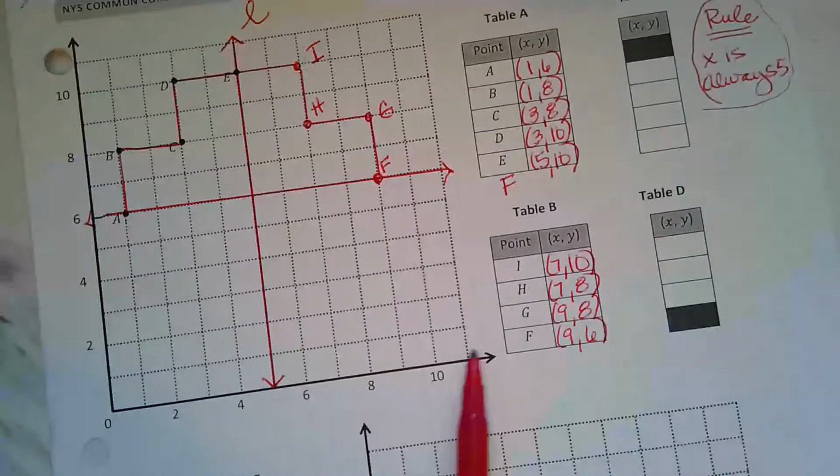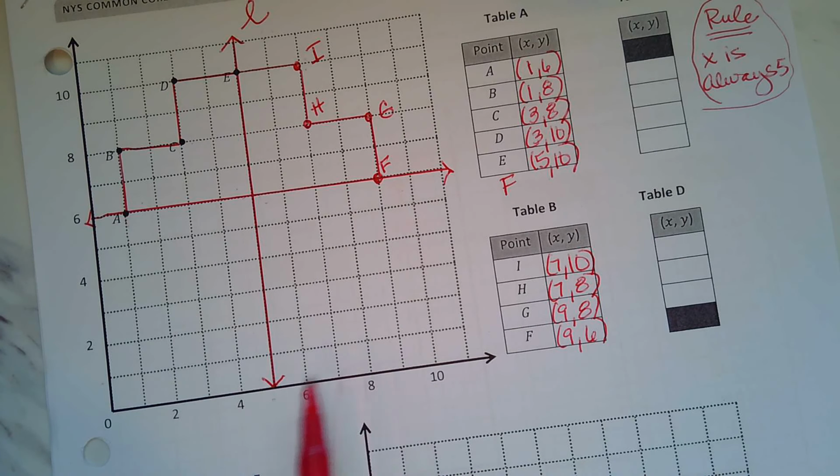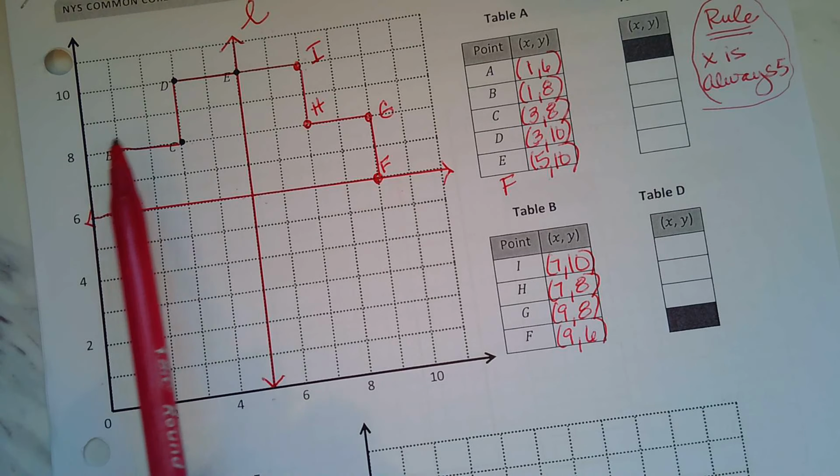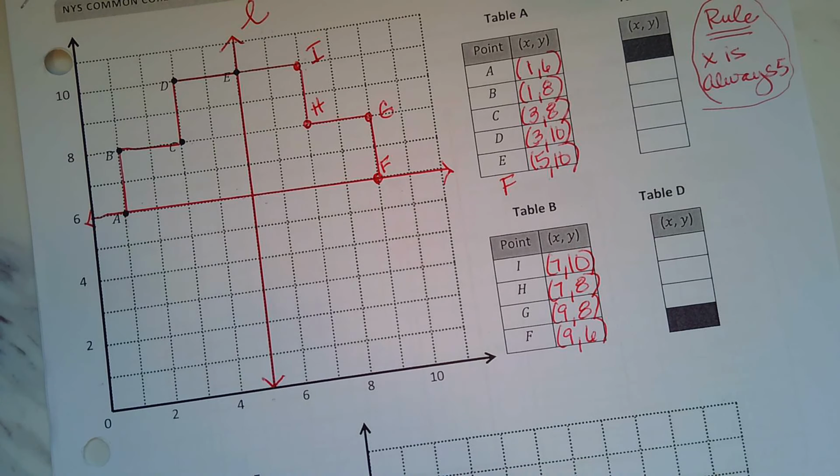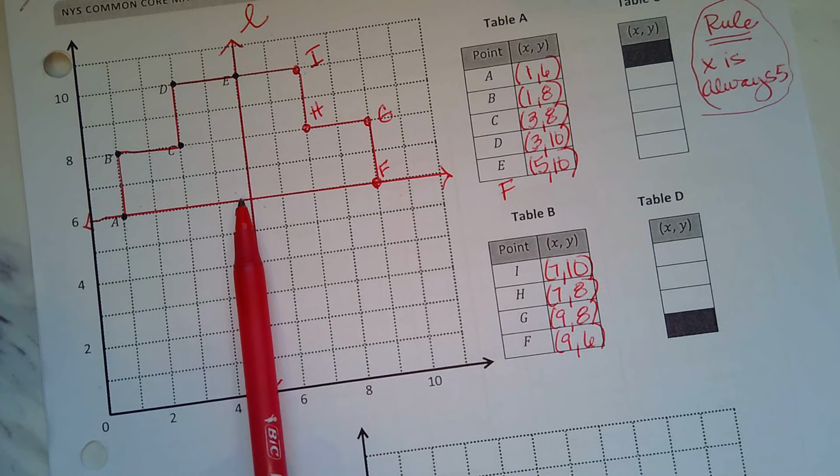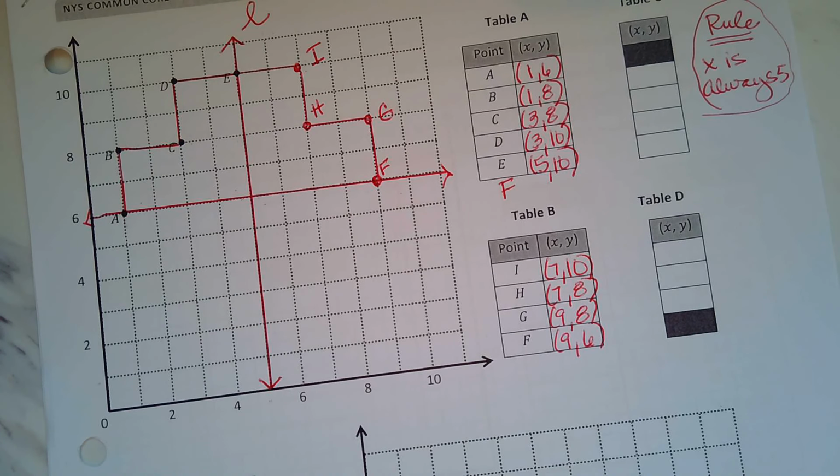Because when you're moving right and left, you're changing the x coordinate, but you're not changing the y coordinate, right? So we are moving parallel to the x-axis to find the symmetric points, so the points are on a line that is perpendicular to y. So the points must have the same y coordinate.